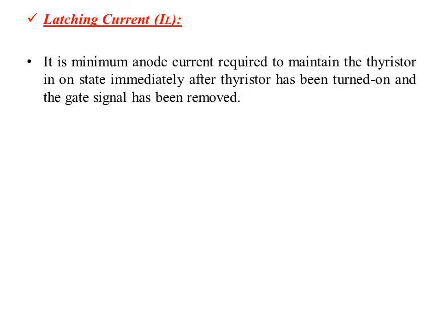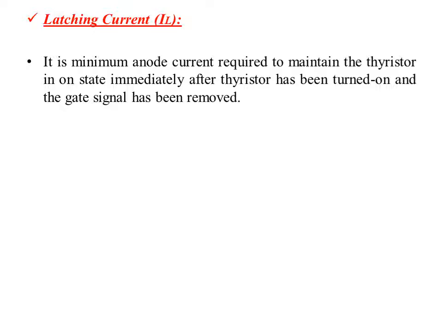Thus, as soon as the thyristor is turned on, the gate signal is removed, and the thyristor is made to conduct in forward mode by maintaining the current with the help of latching.